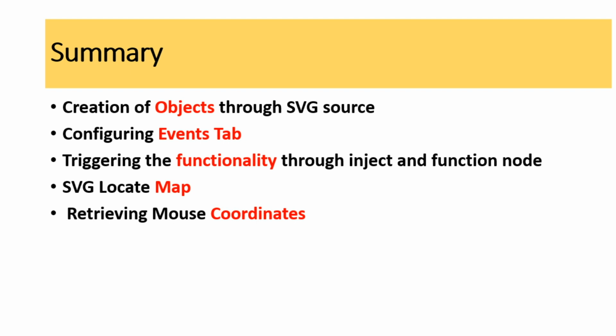You can write code in it and you have to return that object. Then we created a map using this SVG editor, and then we located this map, and the corresponding element ID we configured, then we saved it and came out of it. Then we triggered that event through the event tab, and retrieving mouse coordinates is done through the settings tab. So that's the end of the session.